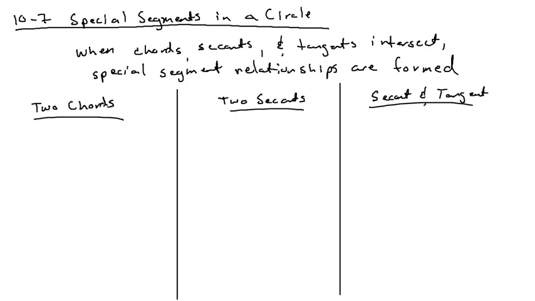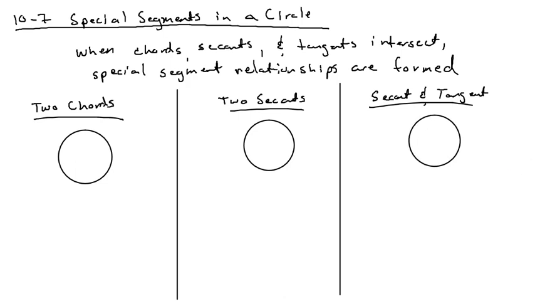So we're going to start by drawing our pictures. We're going to put a circle in each one of these, and draw what we said can happen. So two chords intersecting in a circle. So there's one chord, two chords.